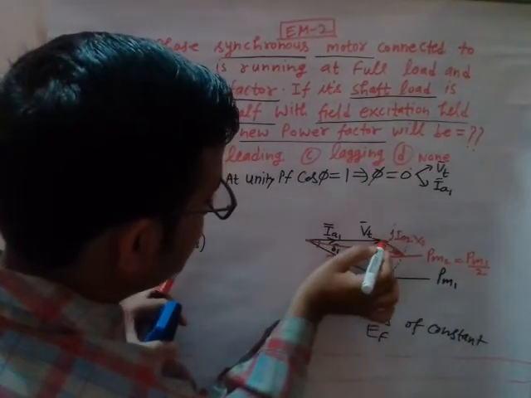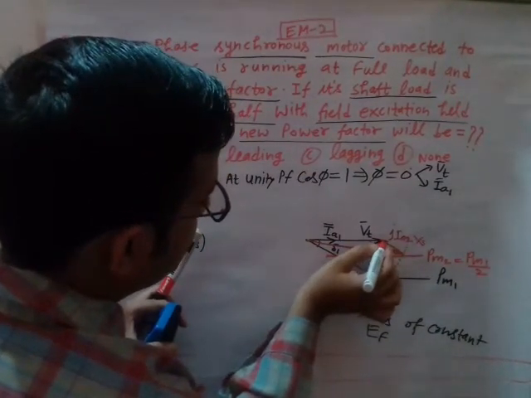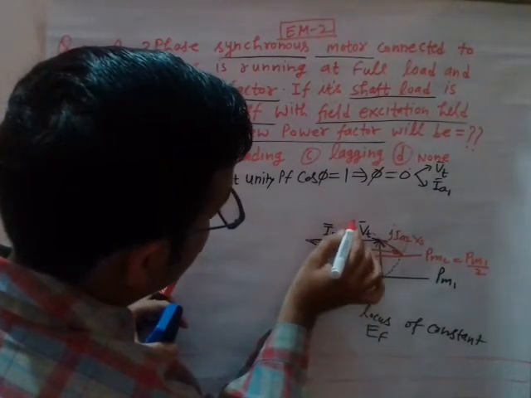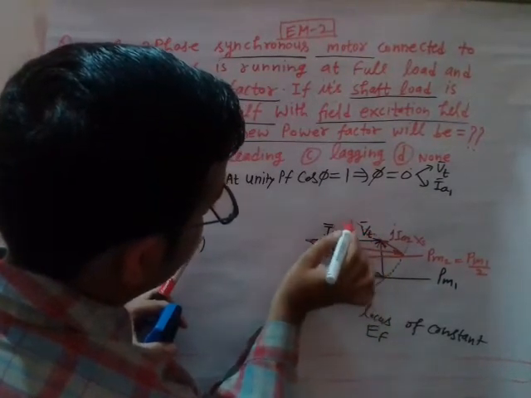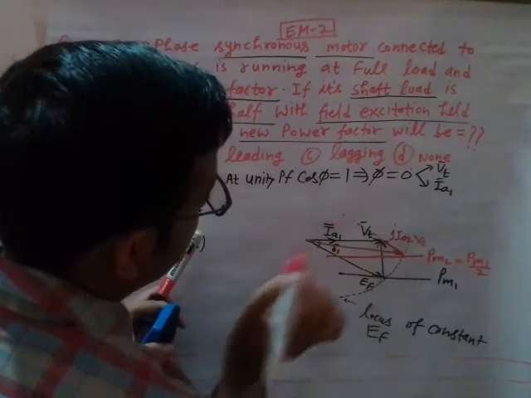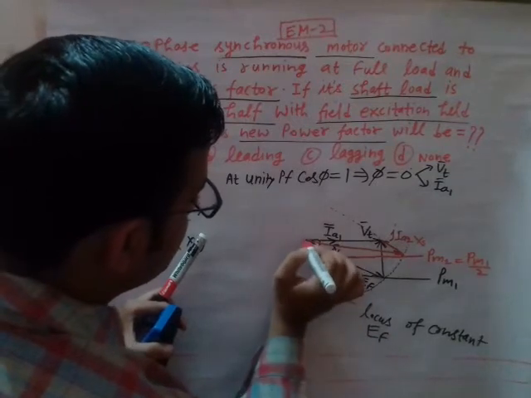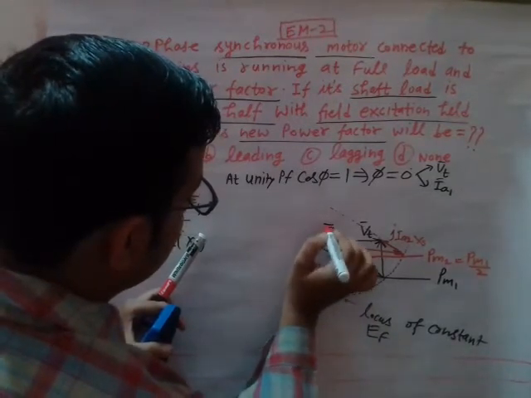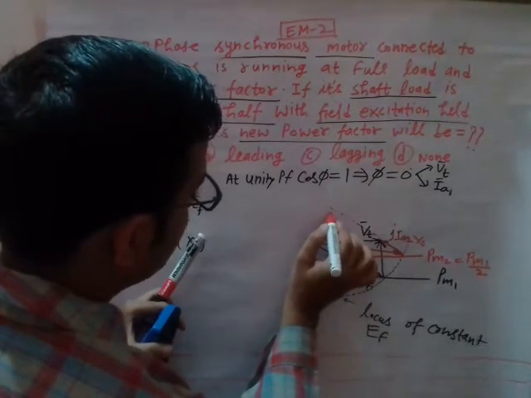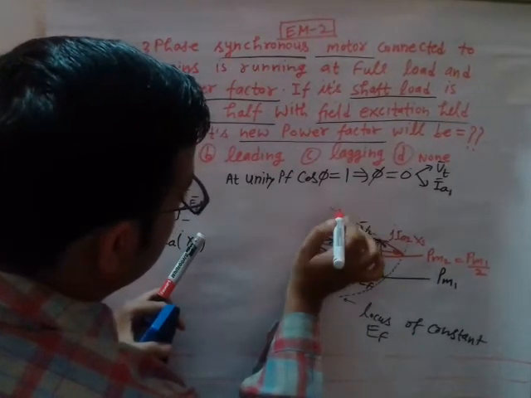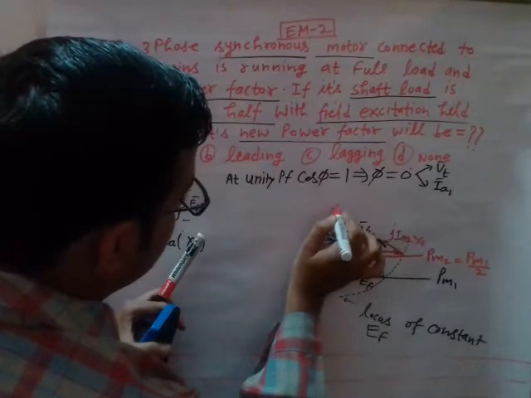So when you extend this phasor, you can determine the operating power factor, right? This is a 90-degree angle, it would come somewhere around here. See the way I am going to draw this, like this, okay?